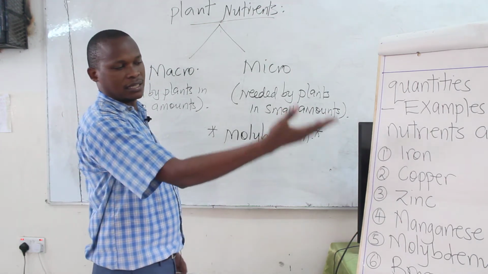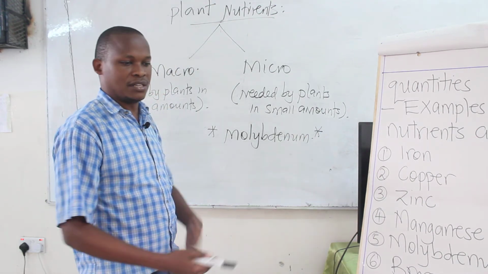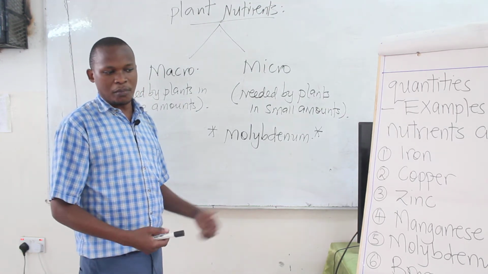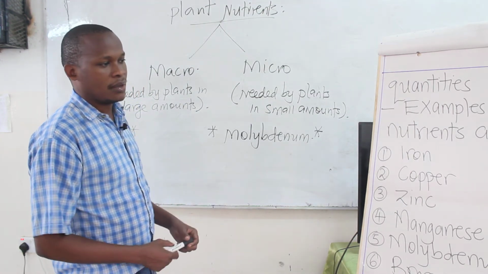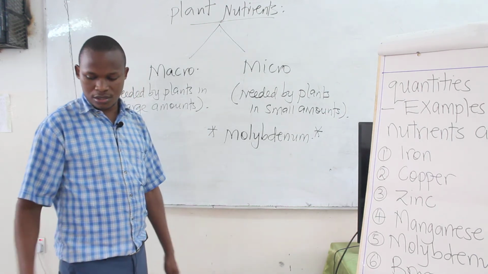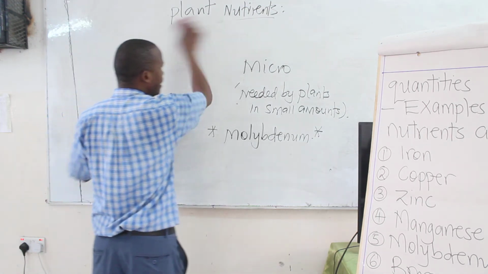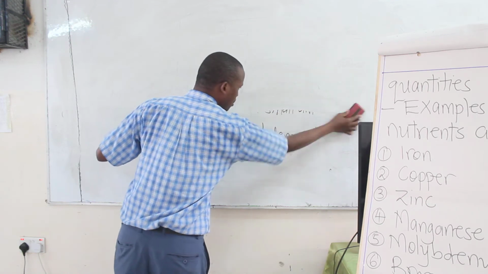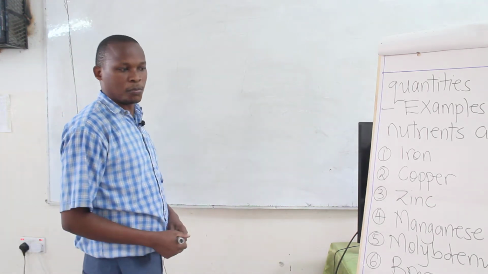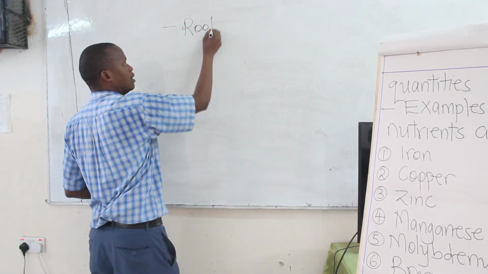Although, especially for the micronutrients, some plants may lack them but still produce yields. There won't be so many problems, but they are important. Another thing to note: these plant nutrients are found in the soil, and plants absorb them through the roots.